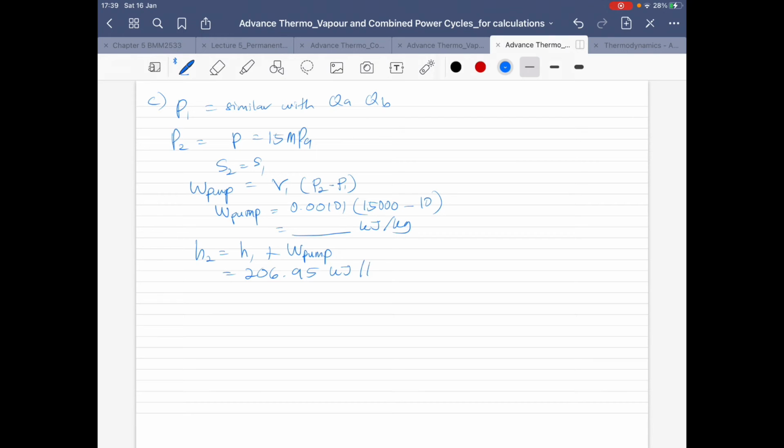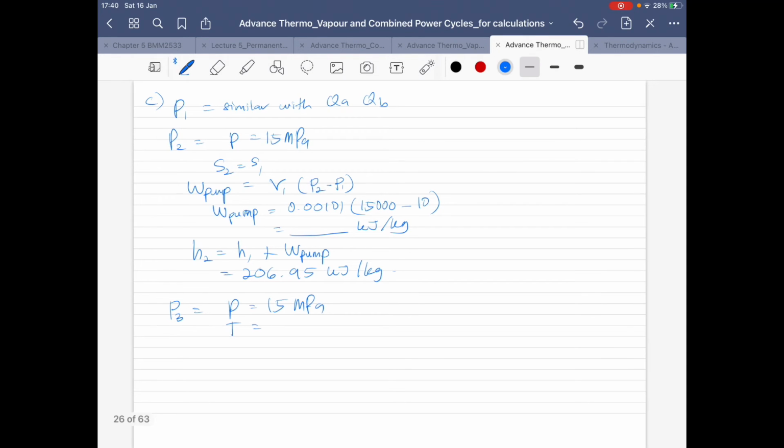How about at point 3? Okay, point 3 is different. At point 3, P is 15 megapascal. The temperature is maintained at 600 degrees C. So what do we do? We refer to the table, table A6.